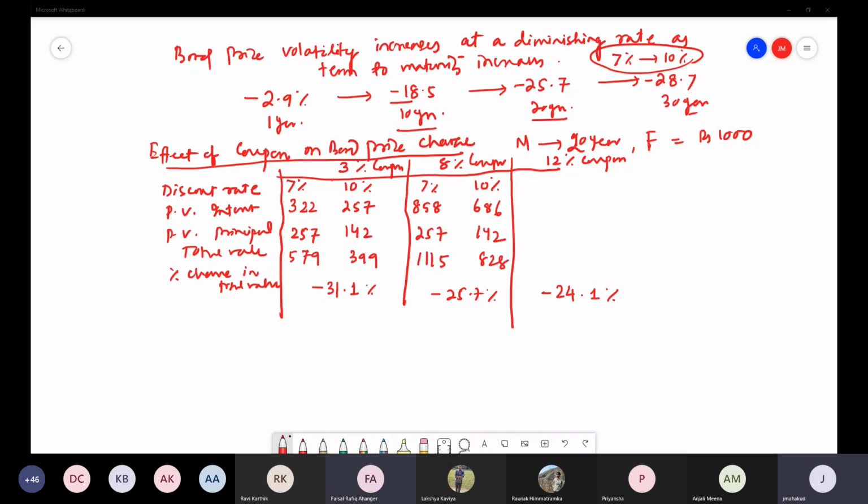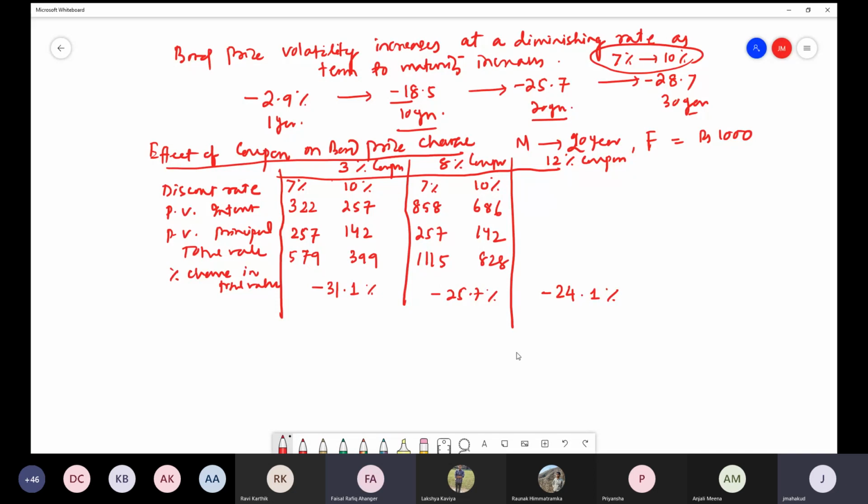Coupon rate is inversely proportional to the bond price volatility. So there is an inverse relationship between the bond's coupon rate and the price volatility.